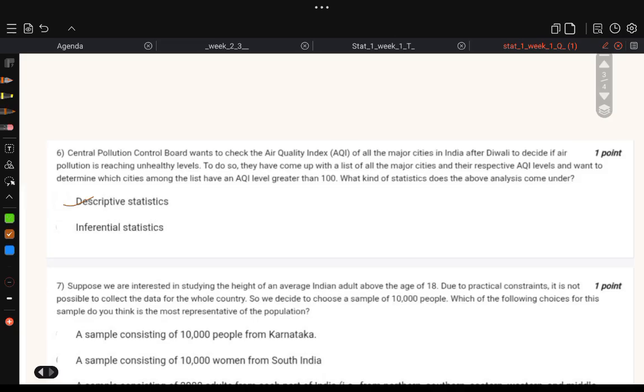We are not saying that Delhi was the one with the highest pollutants, therefore, let's say, the average age of the males is low. So we are not drawing any inference, or talking from sample to population, or talking about some probability. We are just taking the table, and we are just making assumptions about the cities with AQIs over 100. So it will be descriptive.